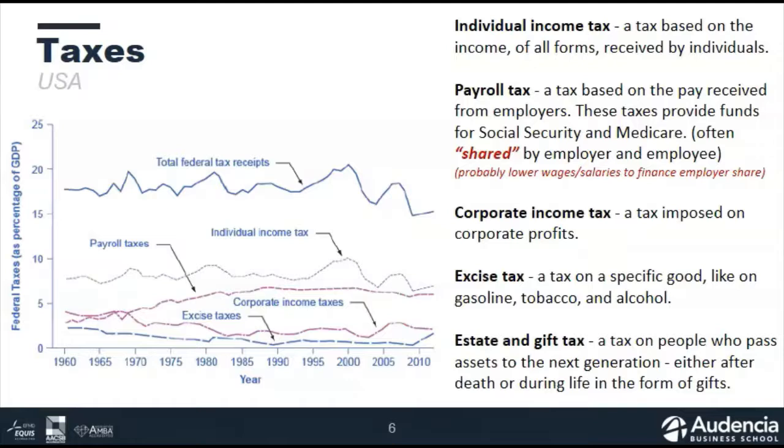Estate taxes and gift taxes are taxes on the assets of individuals when they move from one generation to the next. So if you were to inherit money from somebody, that would be taxed. Estate taxes vary from country to country.